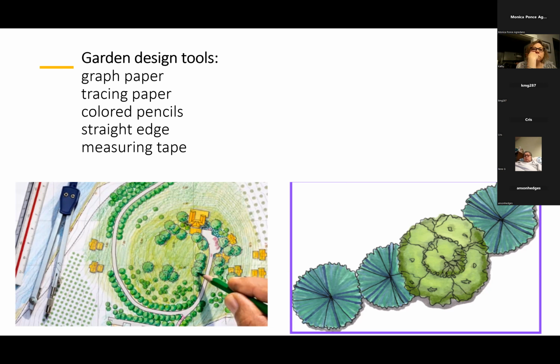So I suggest, if you're feeling creative or if you have kids and you have colored pencils or crayons out, it's fun to play around with them and use different colors for different plants. When you are measuring your space, it's good to have a measuring tape so that when you're putting it down on graph paper, you can actually put it to scale. But these are some of the tools that I used.